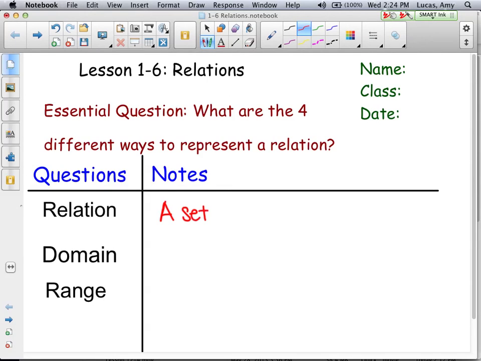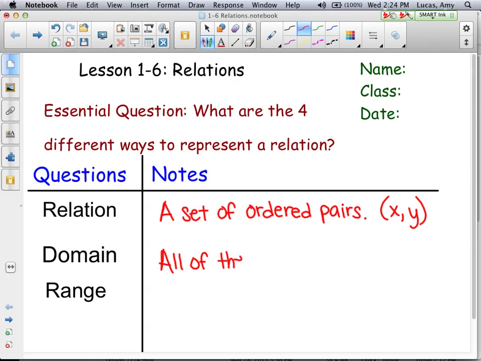This is something that you should be familiar with. Ordered pairs represent locations on a coordinate plane. They have an x-coordinate and a y-coordinate. The domain is all of the first numbers in the ordered pairs, so it's all of the x values.